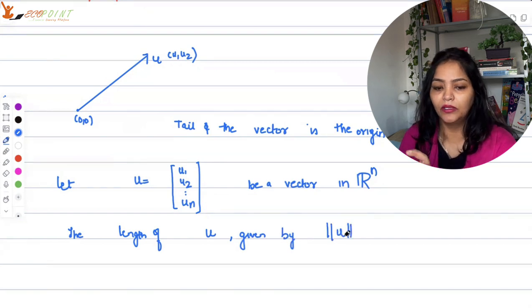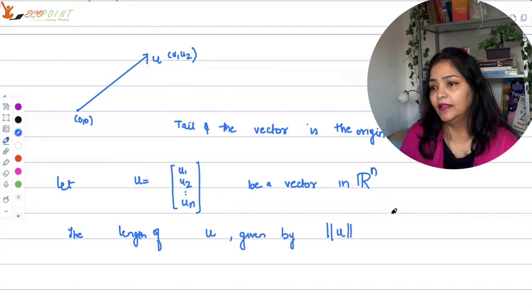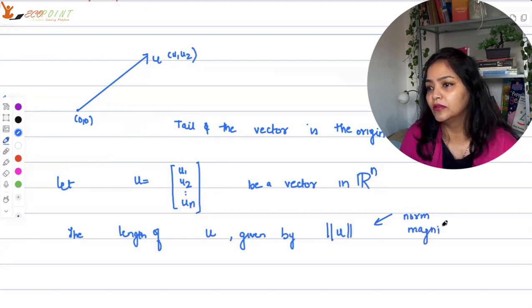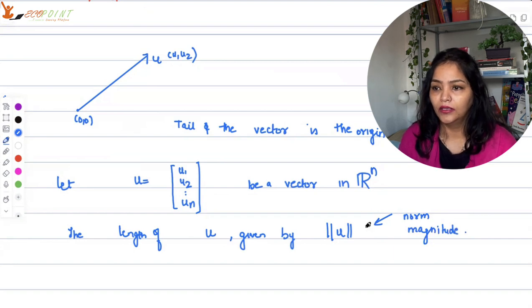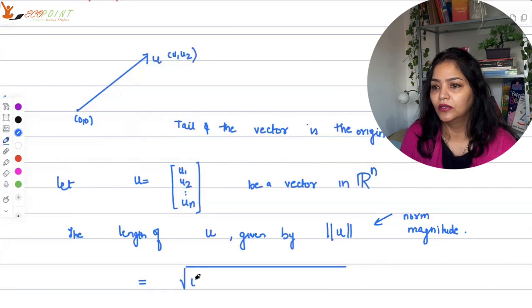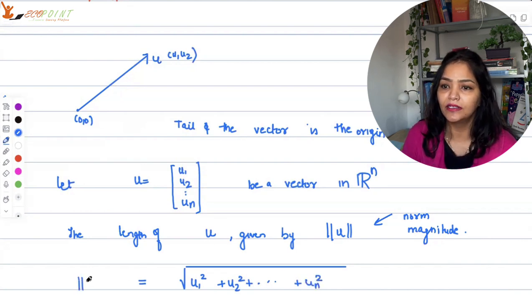This is the symbol for length. Length is also called norm or magnitude. Given by this is the formula: u1 square plus u2 square plus so on and so forth till un squared, the square root of that.